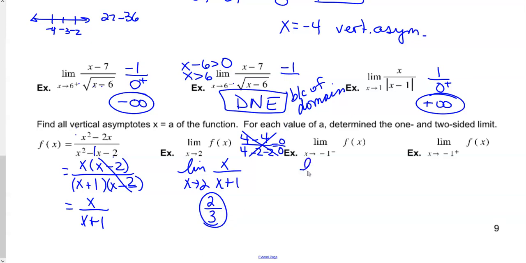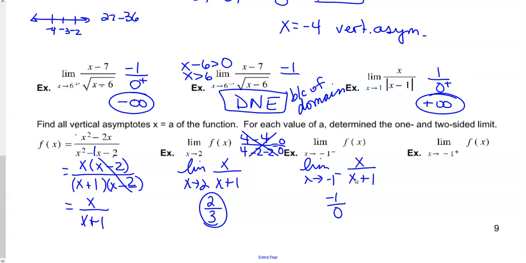But when I take the limit as x approaches -1 from the left of x all over x plus 1, then when I plug my a in, what do I get? I get a -1 over a 0, and I have to determine, okay, to the left of -1 would be -2. Be careful on your negatives. You might want to try to say 0, but that's to the right, not to the left.